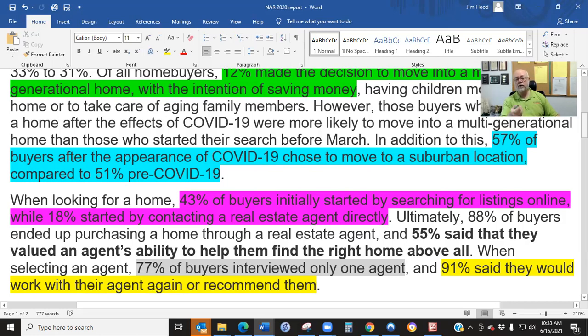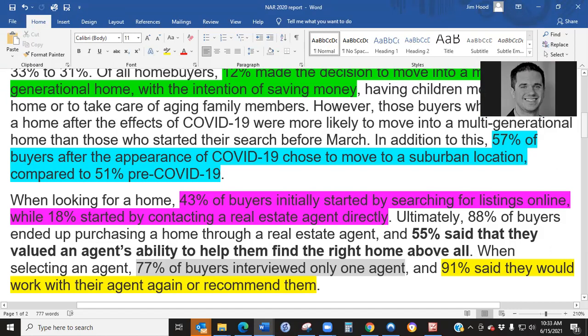But this is not surprising: 77% of buyers interviewed only one agent. So in my book, that says when you get a lead, jump on it. There are a lot of leads that are just shaking the trees to see what information there is about houses, and they might not buy for 3 years. But those that do, 77% of them interviewed only one agent.